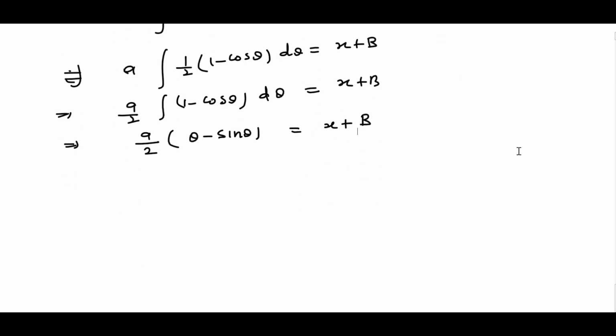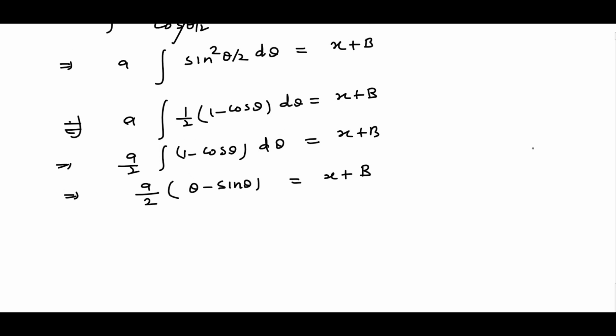So now here, as we know, this is the half angle formula: 1 negative cos theta is equal to 2 sin square theta by 2.